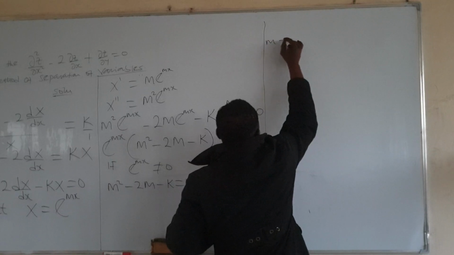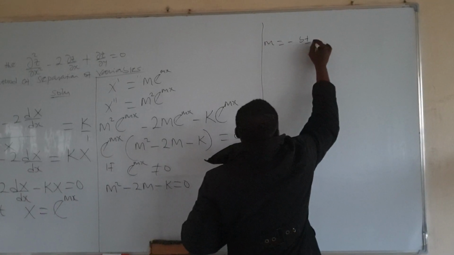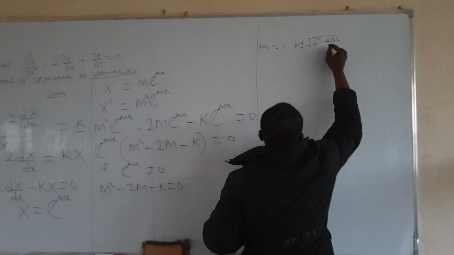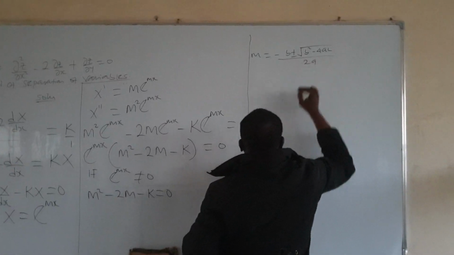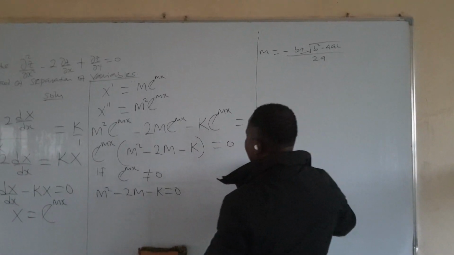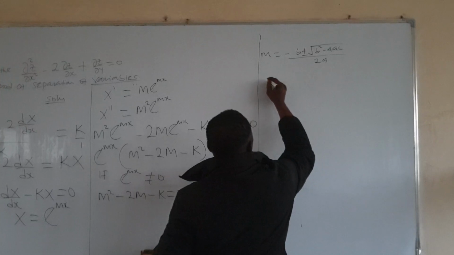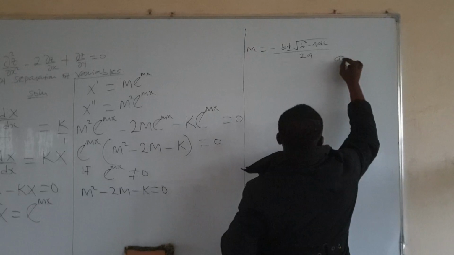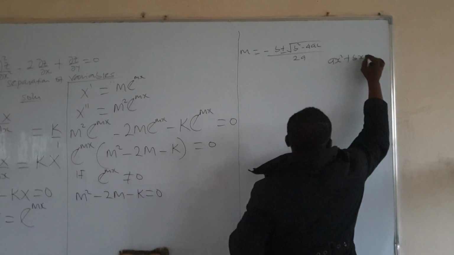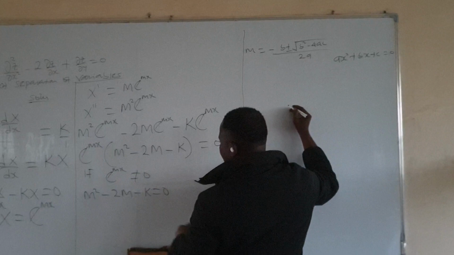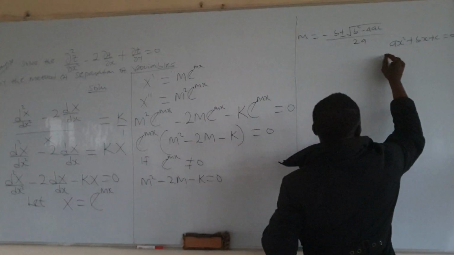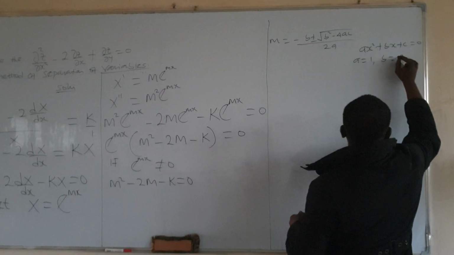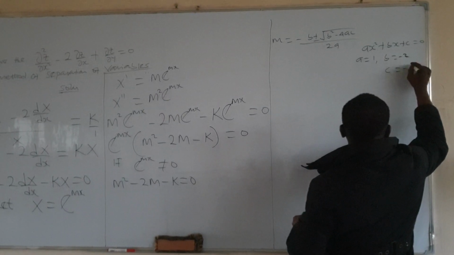Now write using formula method. It means our m is equals to minus b plus or minus square root of b squared minus 4ac all over 2a. So just like we have ax squared plus bx plus c equals to 0, here our a is equals to 1, then b is equals to minus 2, and c is equals to minus k.